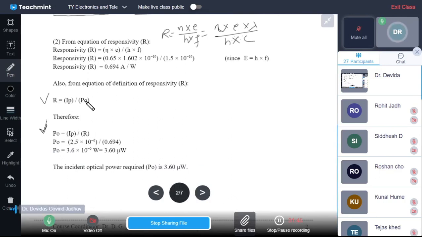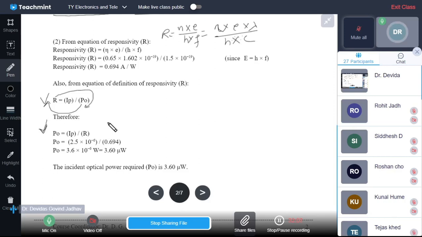Taking PO to this side, the denominator goes to the numerator, and R goes to the denominator. So PO is equal to IP upon R. IP is known, R I have to calculate.